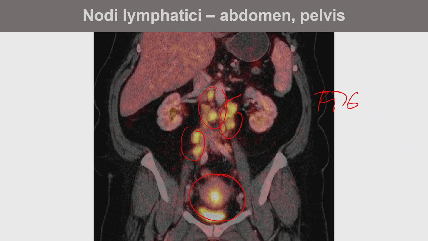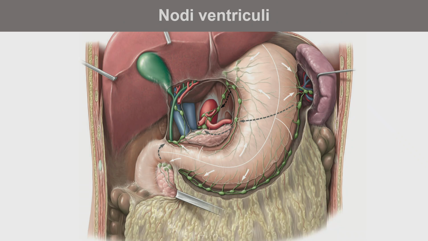lymph nodes. So we have to understand how the organs are drained by lymph nodes to see the metastasis and to estimate where metastasis could be, and then we have a very important tool to decide if treatment of the tumor is possible or where the lymphadenectomy should be done during surgery, etc. It's very easy to understand because when you have remembered the organization of blood flow, then you can see the lymph nodes.